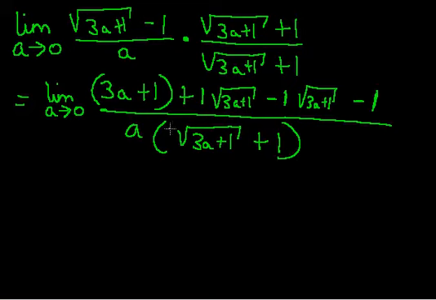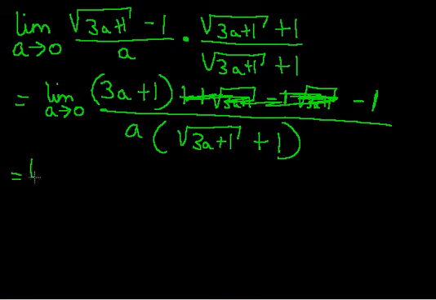And I could multiply this a out, but I'm just not going to do it right now because we're trying to simplify, so don't make things more complicated. Try and break them out into bigger things so you can cancel things out and make them simpler. So we can see we have a plus 1 times the square root of 3a plus 1 and a minus 1 times the square root of 3a plus 1. Those two just cross out.